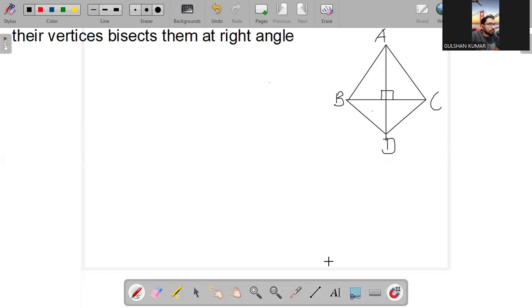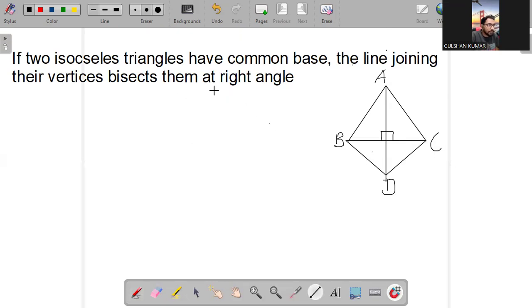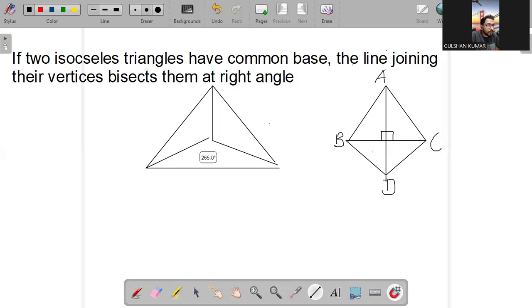But there is probably another aspect, a triangle which is also an isosceles triangle. Both have a common base, and this will bisect at 90 degrees.